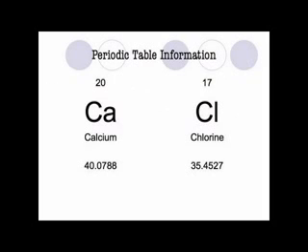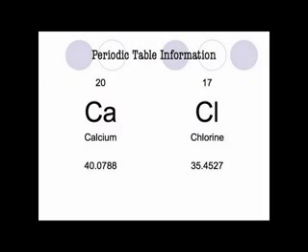For chlorine, its average atomic mass is 35.4527. And the reason no unit is shown here is that this is the mass of one, for instance, 1 calcium atom would be 40.0788 atomic mass units. And we'll talk about what an atomic mass unit is soon. Chlorine, the mass of 1 chlorine atom would be 35.4527 atomic mass units.